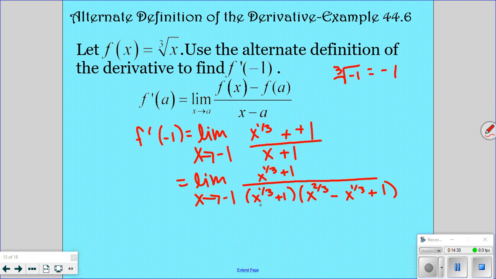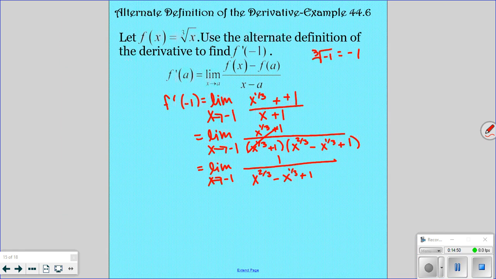So the x to the 1/3 plus 1 cancels, and so we have the limit as x approaches negative 1 of 1 over x to the 2/3 minus x to the 1/3 plus 1. So x to the 2/3, when we plug that in, the cube root of negative 1 is negative 1, but then we square it.